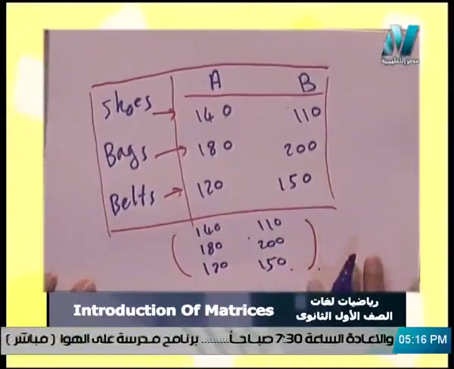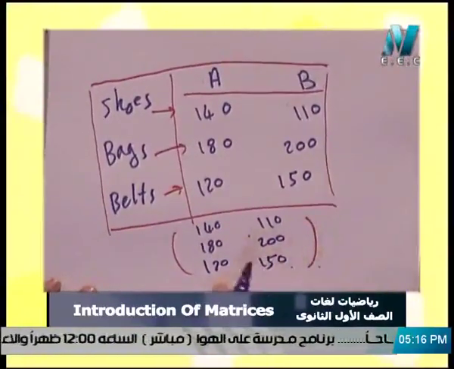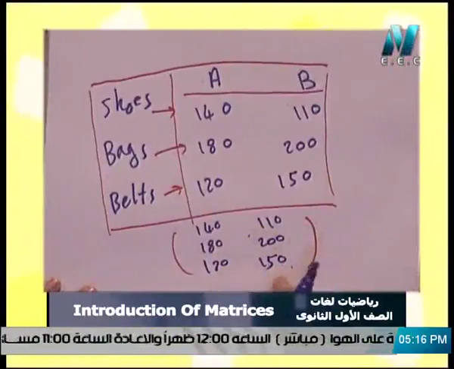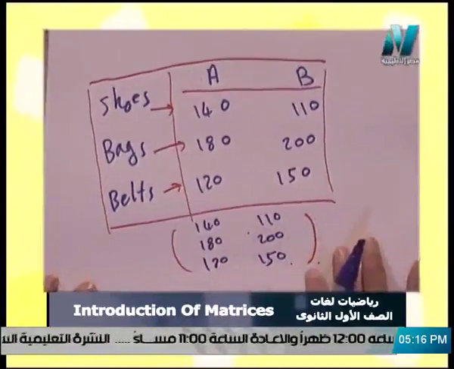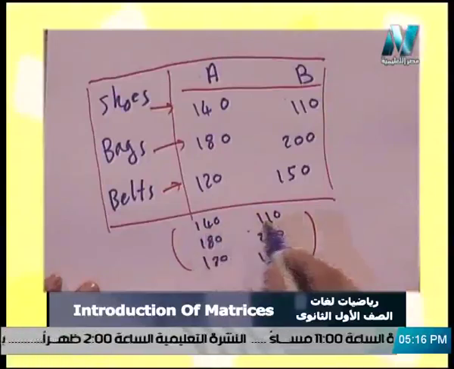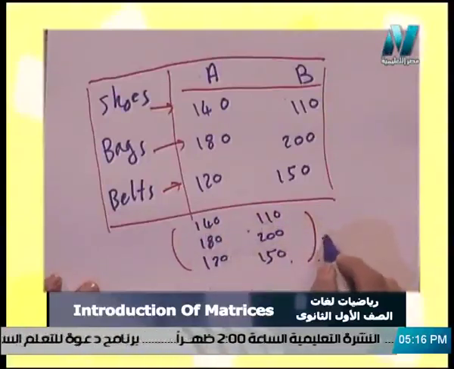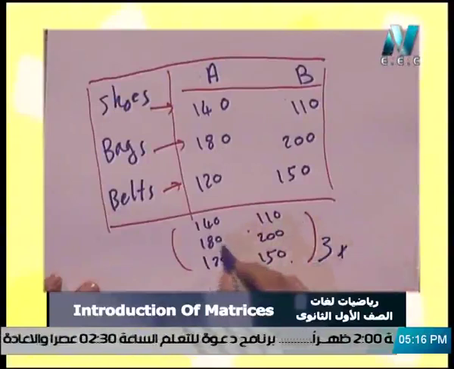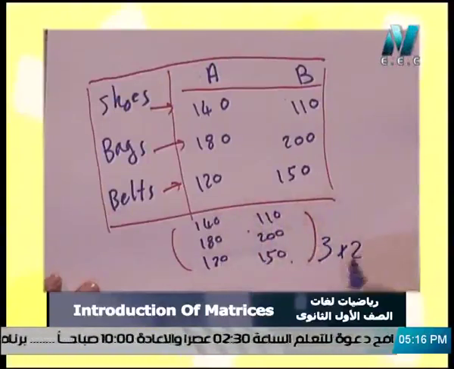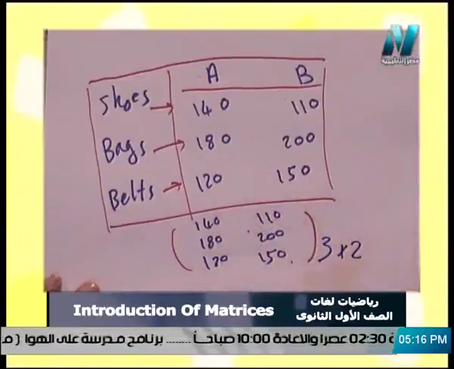So here we have written this data as another matrix, but how many rows does this matrix have? It has 3 rows by how many columns? 2 columns. So its order now is 3 by 2.